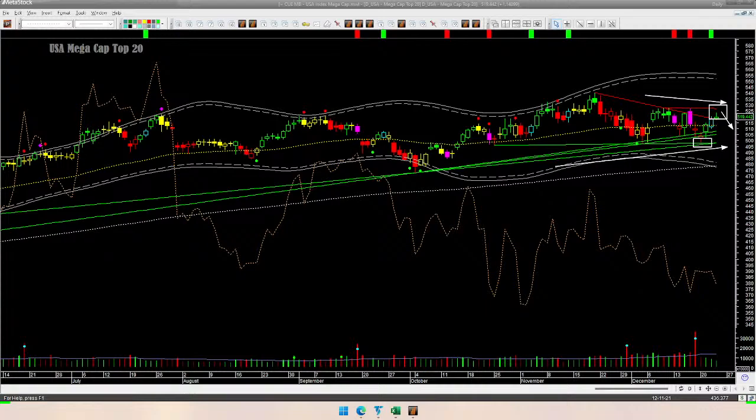On the other hand, sometimes if mega caps are moving sideways, like now, you may look for the indices that are not influenced so much by mega caps. Which are they? Dow Jones Industrials, because it is not market cap weighted, and Russell 2000 because it does not have any mega caps.